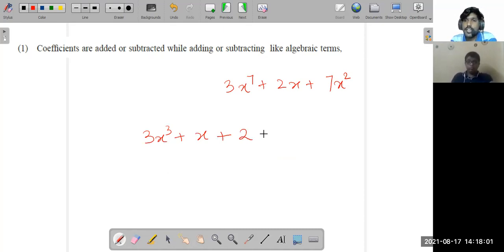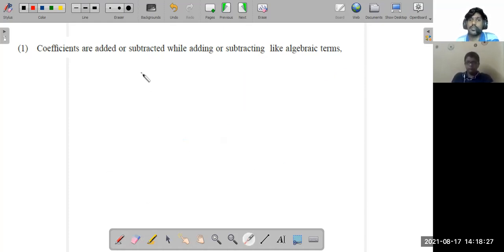Coefficient of x cube? 3. Coefficient of x? 1. And coefficient of x raised to 0? 2. Here nothing means x raised to 0, but that is not important. What is important is the coefficients. Now coming back to the statement: coefficients are added or subtracted while adding or subtracting like algebraic terms. What do you mean by like algebraic terms?